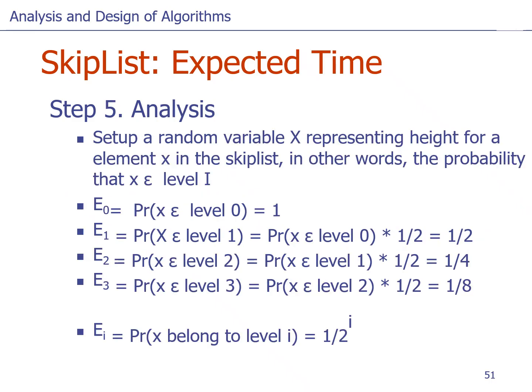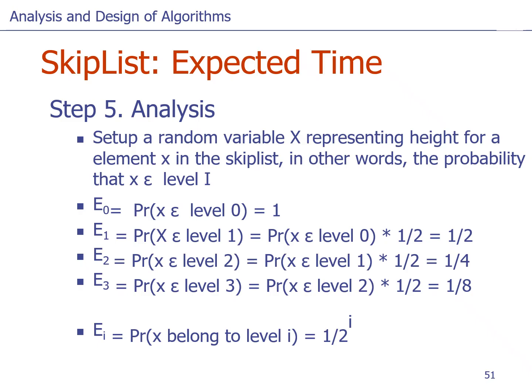So I will set up a random variable X representing the height for element x in the skip list. I will think of any element. In fact, we can do it for all elements, but let's just pick one element, because one element will be sufficient to explain the idea. Why is this a random variable? Because the height will vary depending on the outcome of the random process.